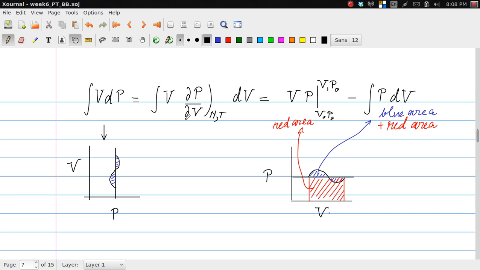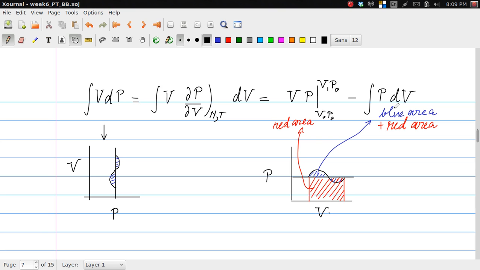And so if we now perform a partial integration, then we first get a VP, which is evaluated from V0, P0 to V1, P0. That means that P is constant in this case, and we just multiply by the difference V1 minus V0, and then we subtract from that the integral of P dV.